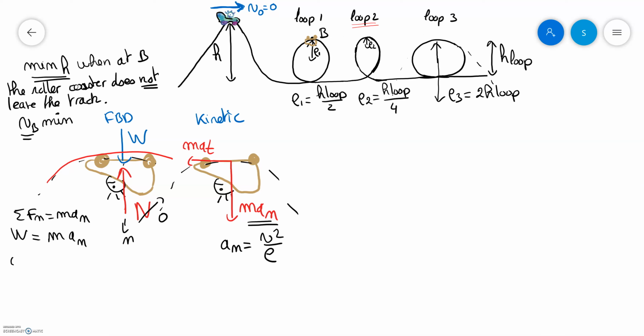So we have mg equal m VB squared divided by rho. I can simplify by m, so I have g times rho equal VB squared. So VB is equal to the square root of g times rho.